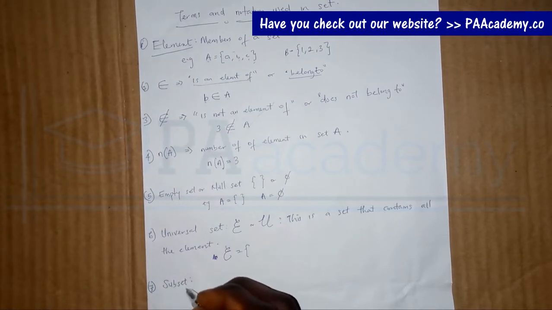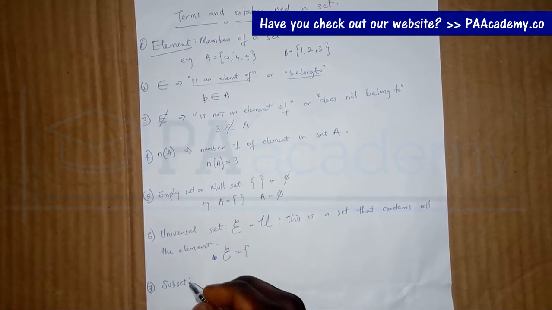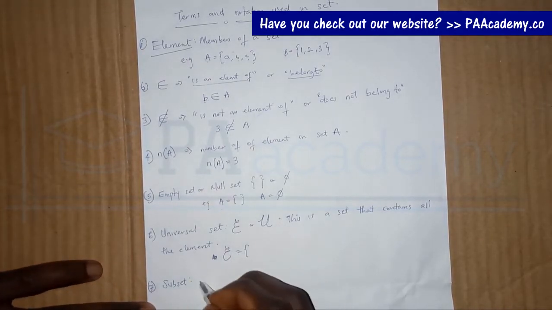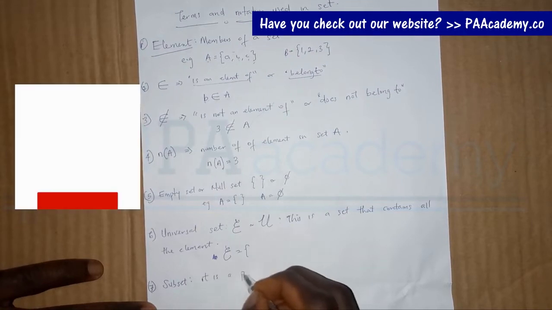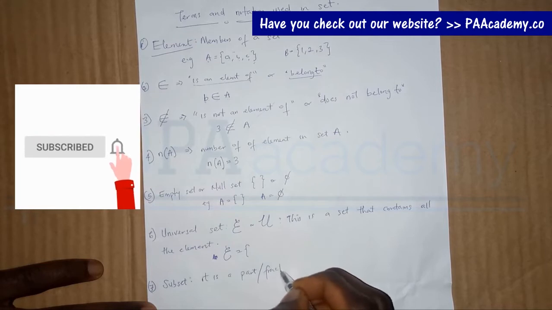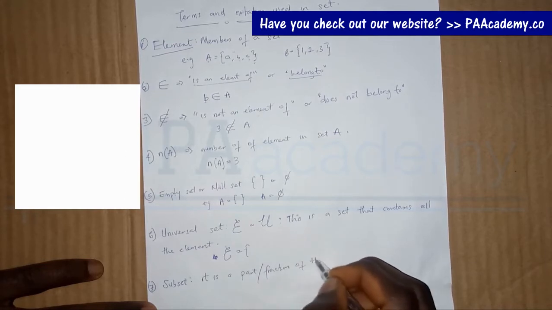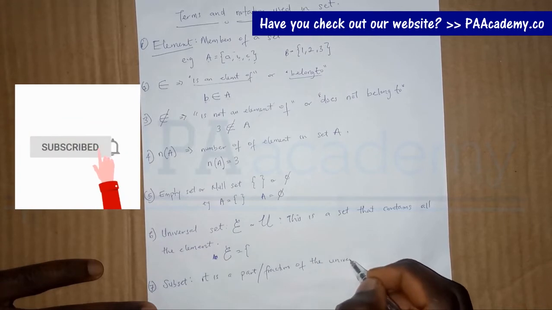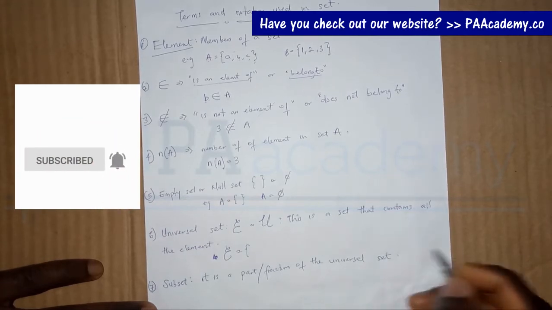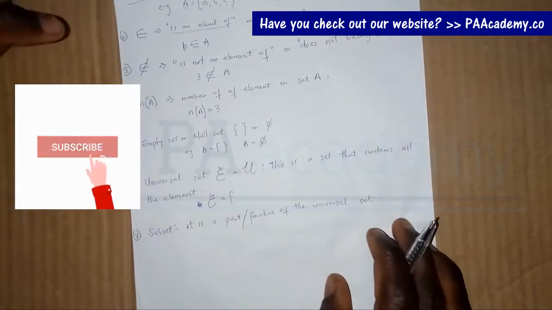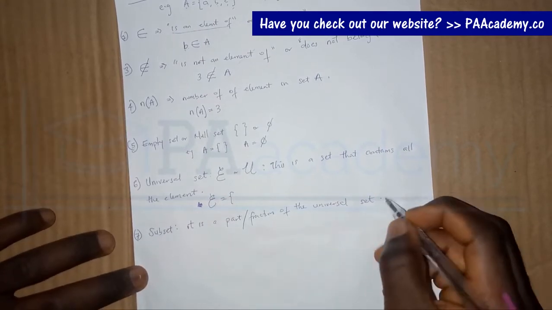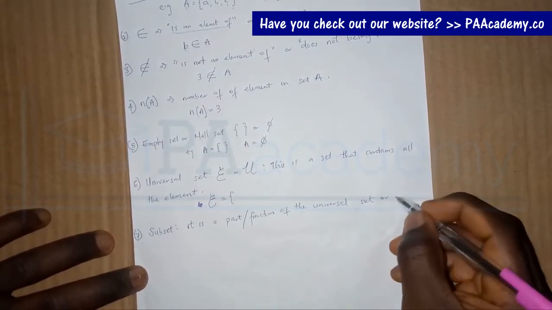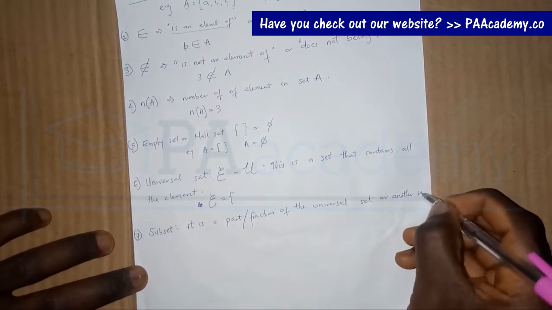When we call a set a subset, it is a part, or a fraction, of the universal set, or of another set. So let me explain now.